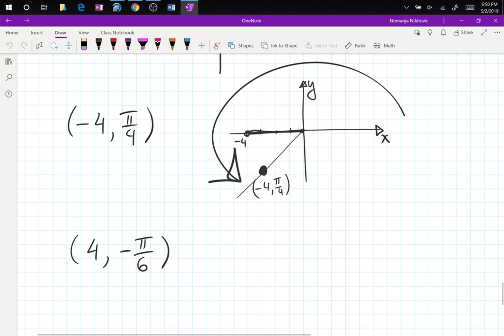If that was a 4, negative 3 pi over 4, you know the third quadrant, and you know the hypotenuse. That's the length. Now I understand this. This is the center, and this is where your point is. You just have to know the unit circle. That's it. You see what I'm saying?